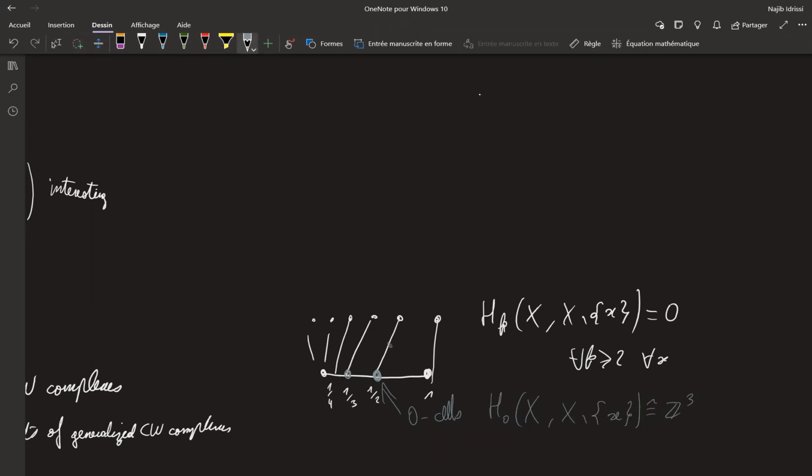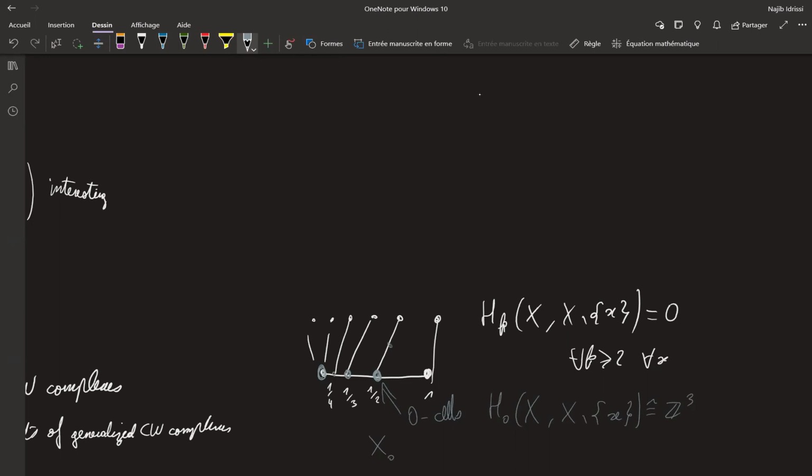And now you have a sequence of 0-cells, so vertices, which converge to this cell. And this is not possible in a CW complex because the 0-skeleton is discrete. And so you cannot have an infinite sequence which converges to something. It has to be constant after some time. So it cannot be a CW complex.